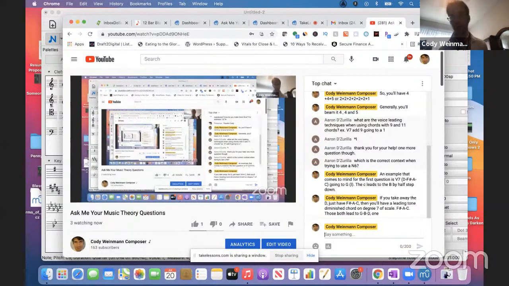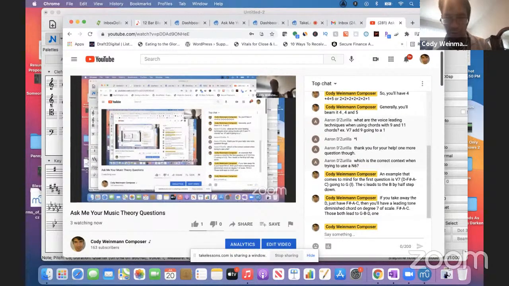And as for the second question, which is the correct context when trying to use N6? N6. Can you clarify the N6?